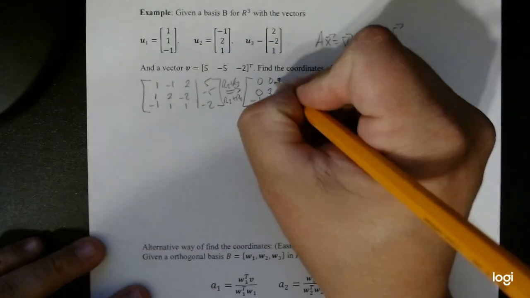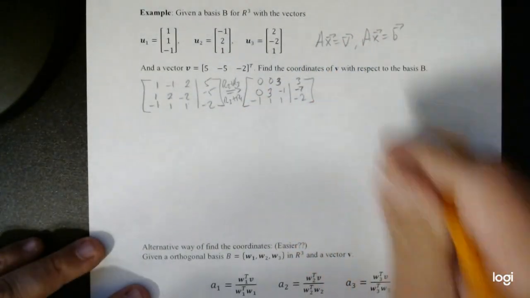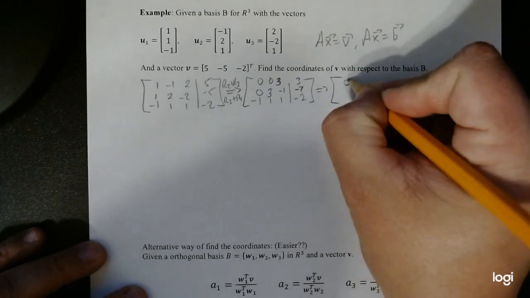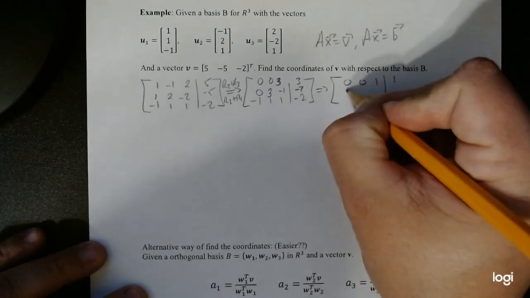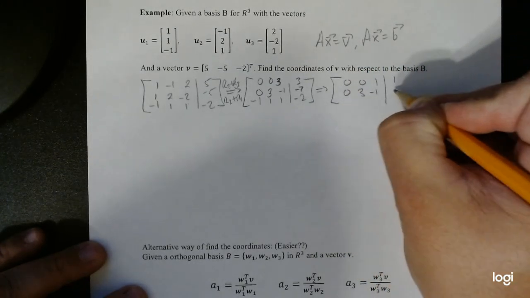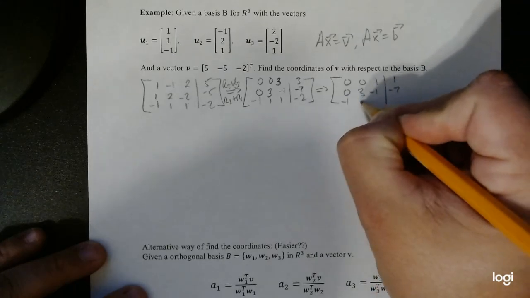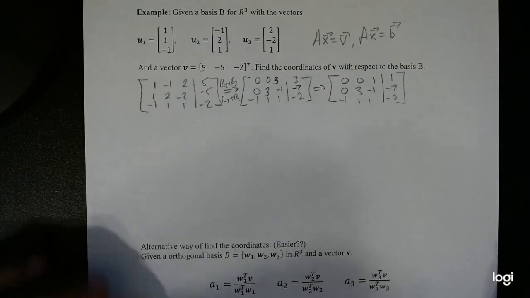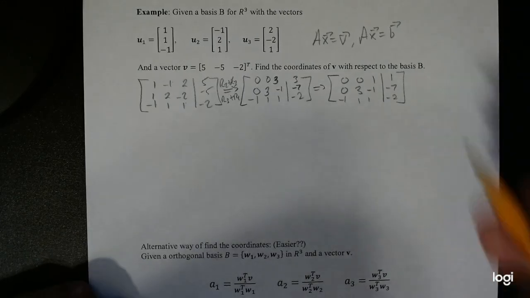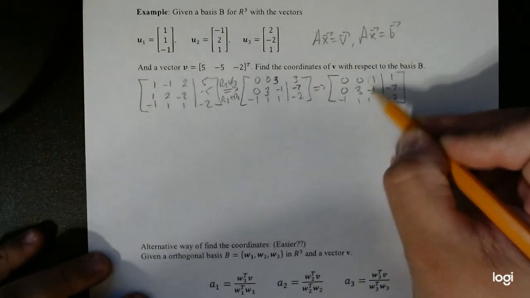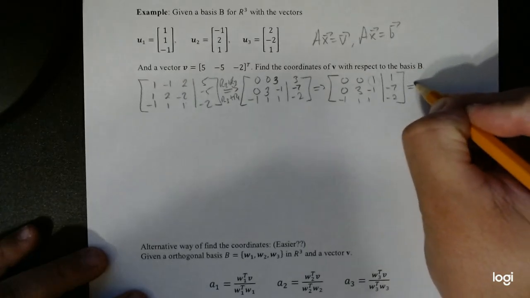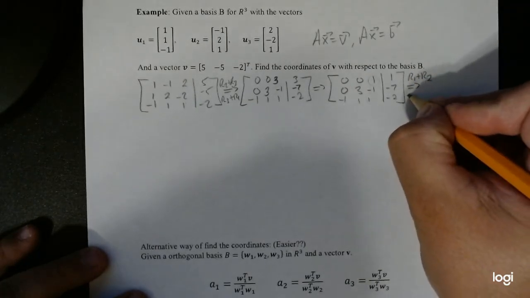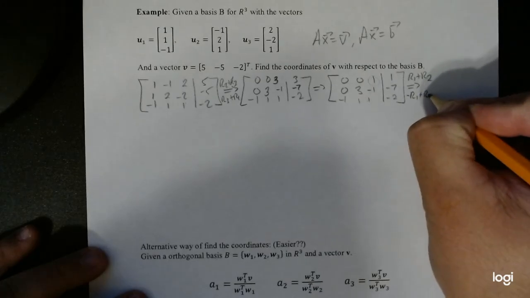You notice we're pretty much already done with one of the rows. That's kind of nice. So I'll just divide by 3. Okay. So I can use this to get rid of these ones here. I'll just do negative row 1 plus row 3.